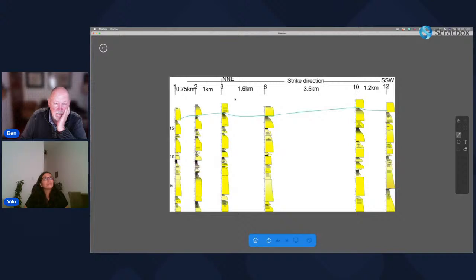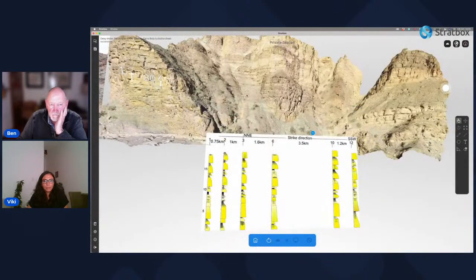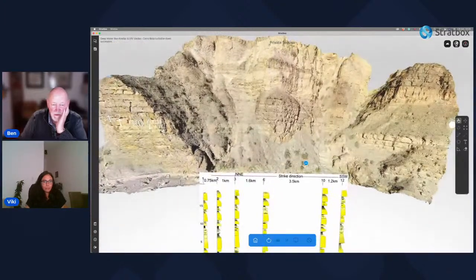And in fact, these individual beds can be correlated with the next outcrop of the upper Paleozoic, which is about 12 kilometers away. The individual beds can be matched. And we also find not just the bed thicknesses, but the facies are very consistent across the entire unit.